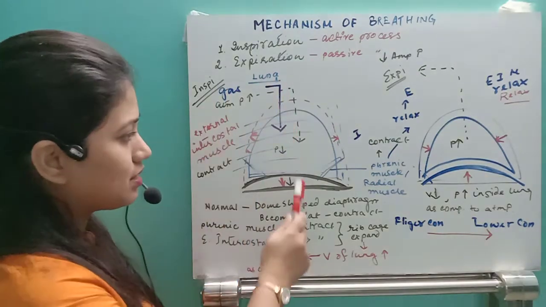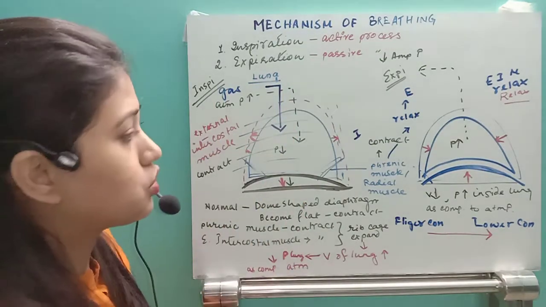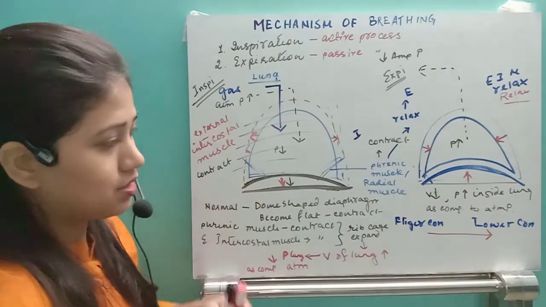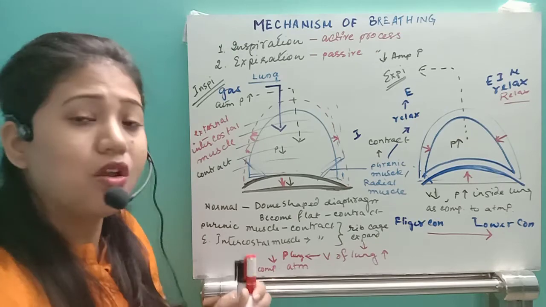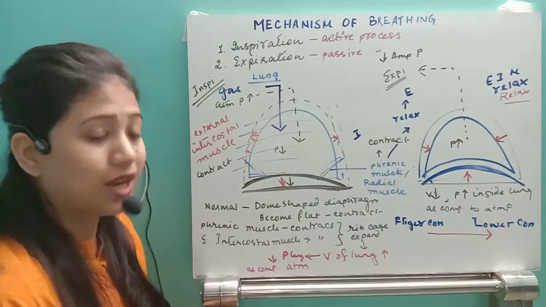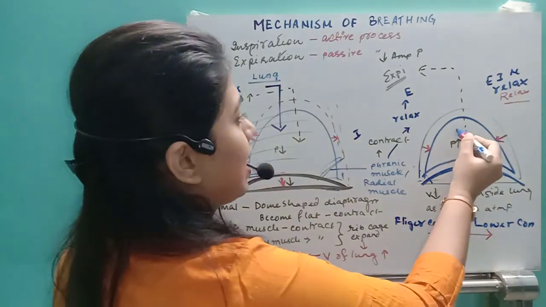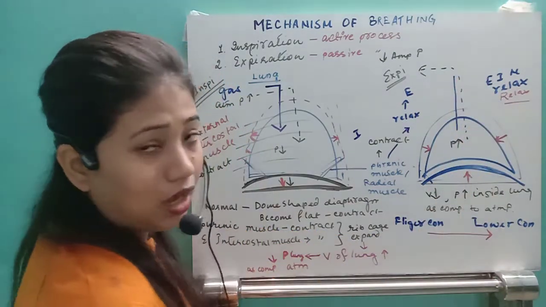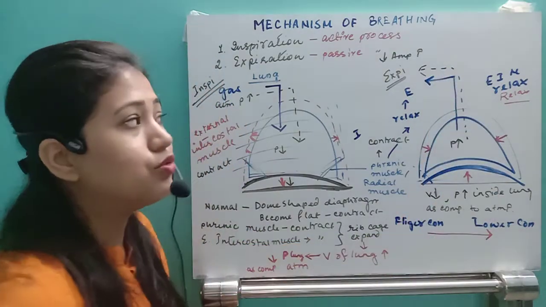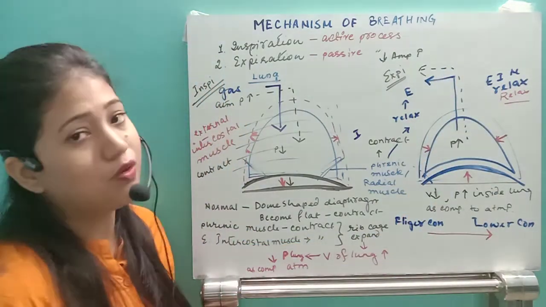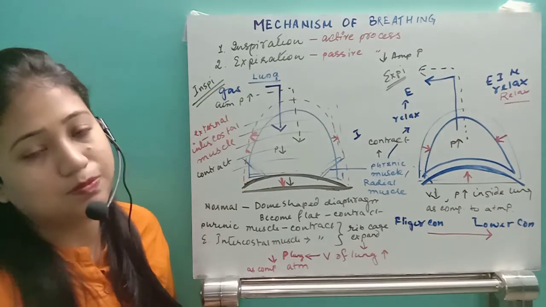So that's why the gases enter. In expiration, the volume of the thoracic cavity decreases, so the pressure increases. As the pressure increases, the gas from the lung is repelled, exhaled outside to the atmosphere once again, right? So this is the process of expiration.